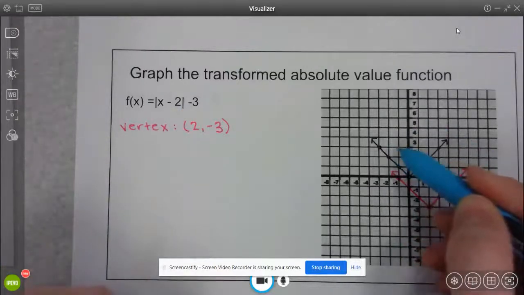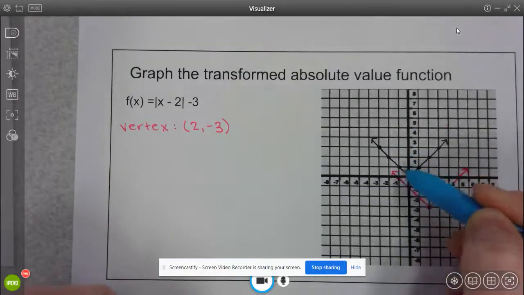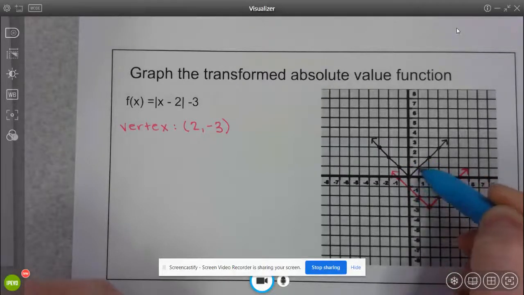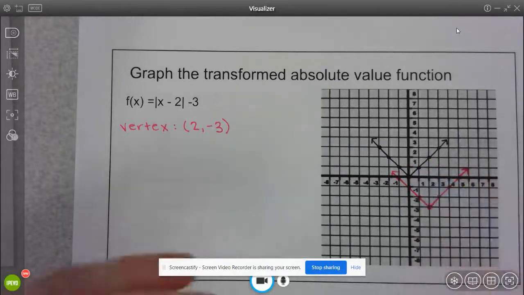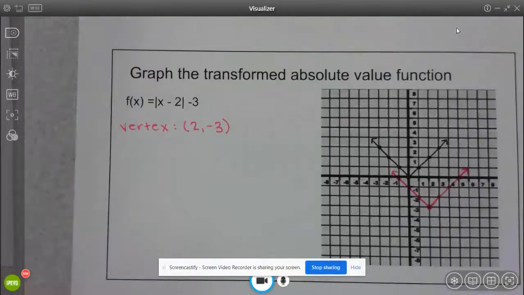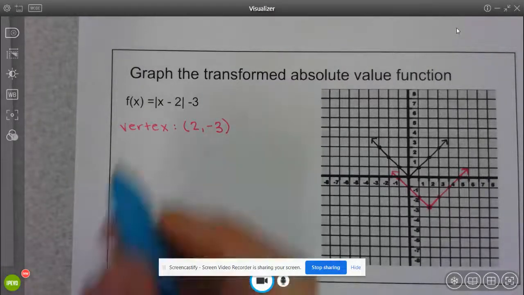So you could do that for every point, just like we did with our transformations back in Unit 1 of Math 2.